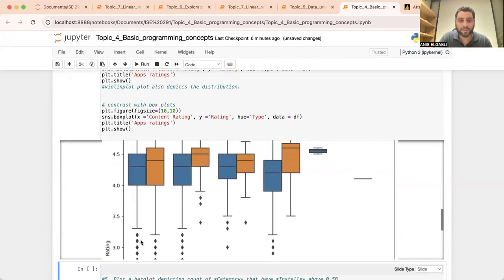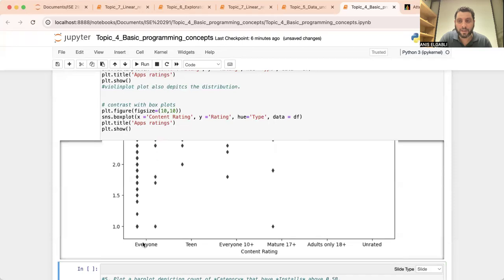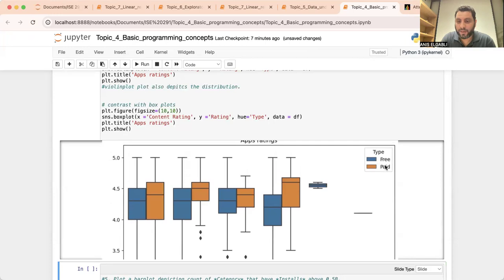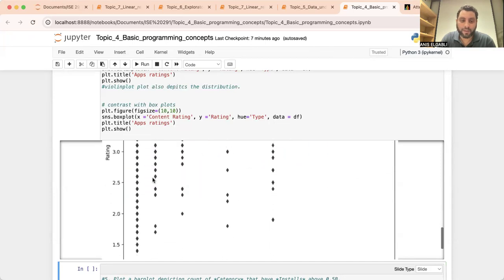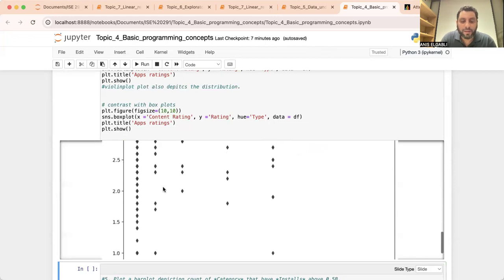These are the statistics of the rating attribute for paid apps where the content rating value is everyone. So here we use free and paid to create these two plots for rating for every given category.